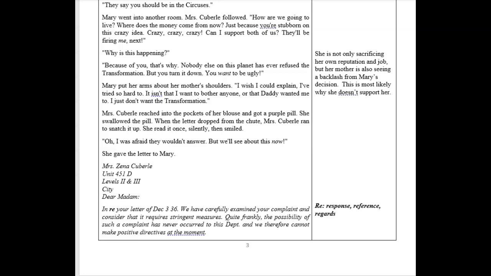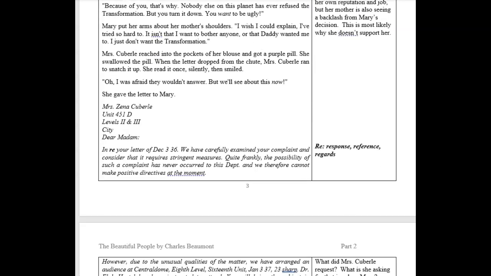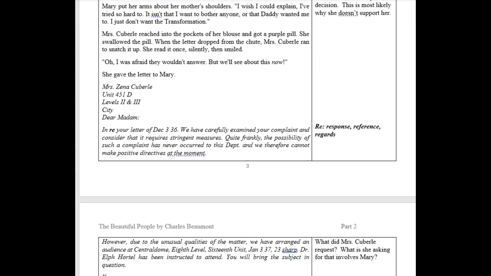Mrs. Zena Kuberl, Unit 451D, Levels 2 and 3, City. Dear Madam, in response to your letter of December 3rd, 36, we have carefully examined your complaint and consider that it requires stringent measures.